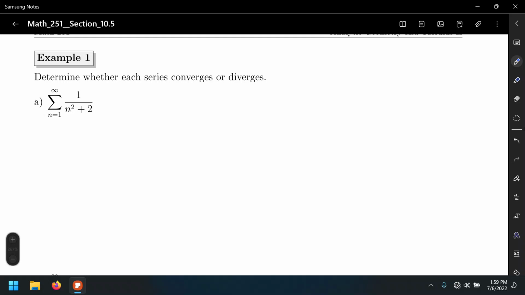Observing this series, we can neglect that plus 2 in the denominator and turn it into the series from n equals 1 to infinity of 1 over n squared.